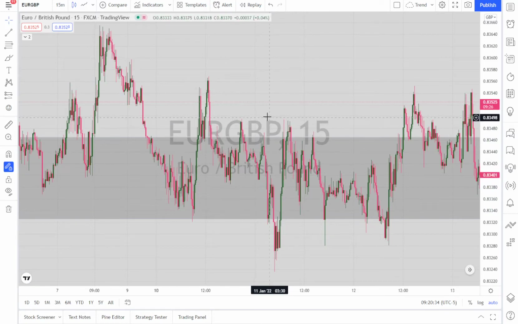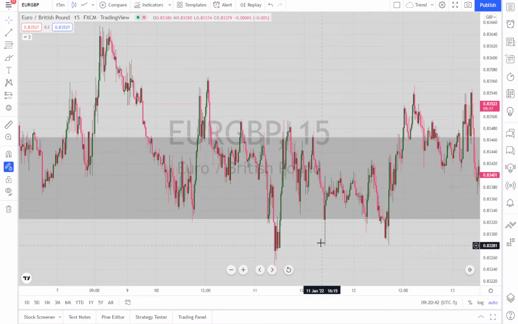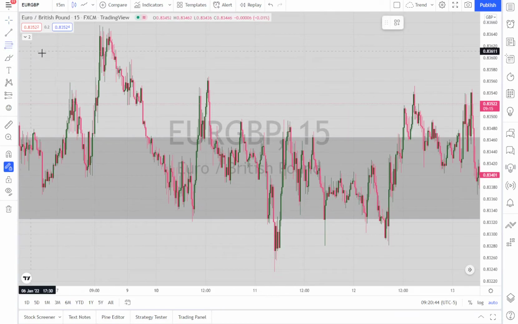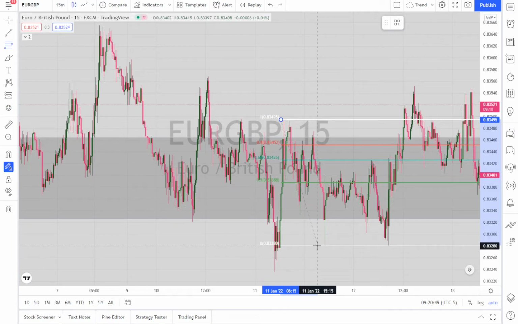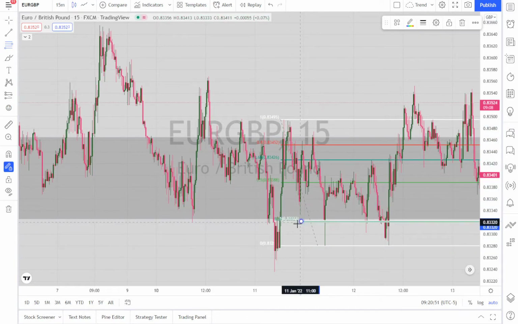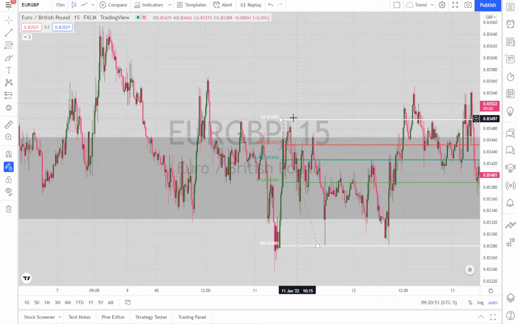Let's remove this. And then, so now that we've formed this is the new high, right? This is the new high, and this is the new low right here. Look what happens here. If we mark fib, right, just like that, look what happens.